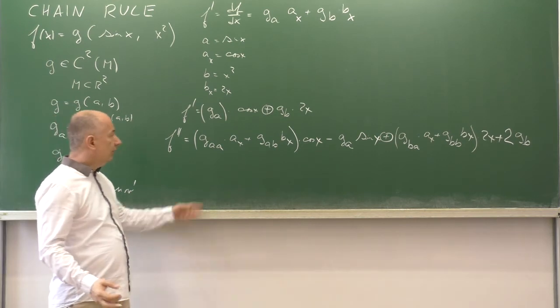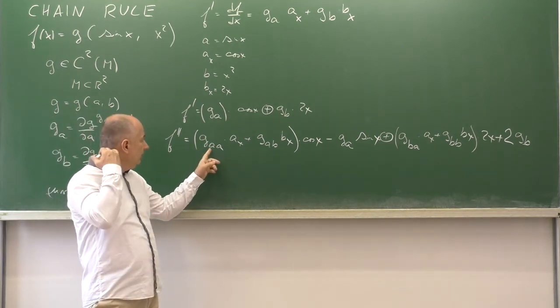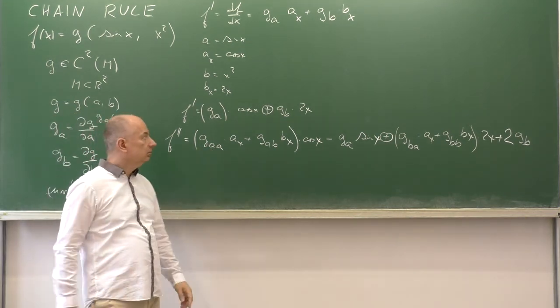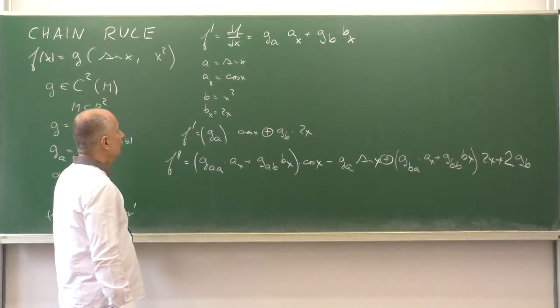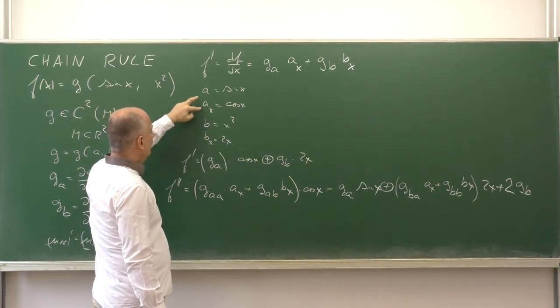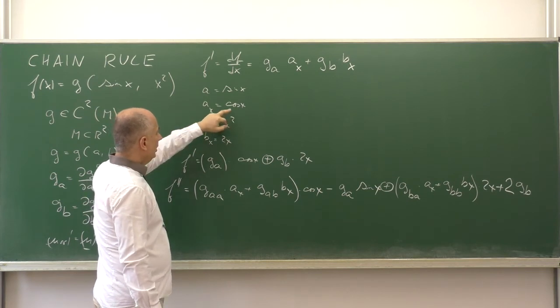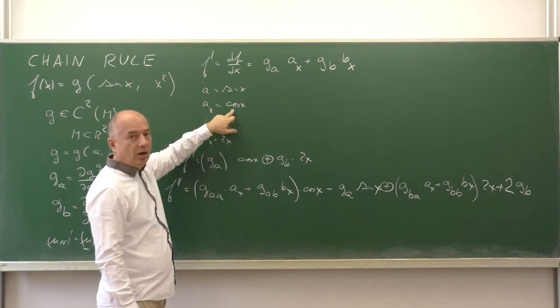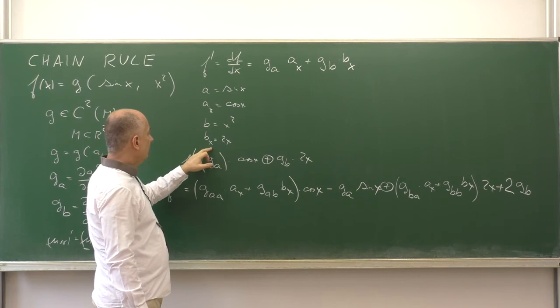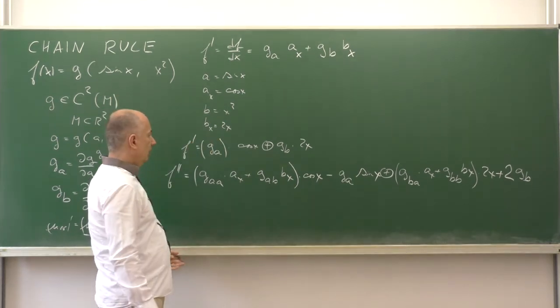As we have no formula for g, then we have to leave it this way, gaa and so on. But as we have formulas for a and b, we know what ax and bx are, so we can replace ax with cosine x, and we can replace bx with 2x.